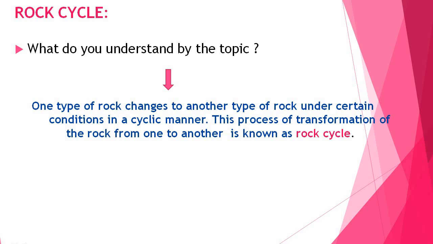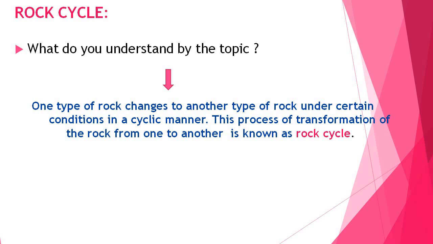The definition: one type of rock changes to another type of rock under certain conditions in a cyclic manner. This process of transformation of rock from one to another is known as rock cycle. So this is the definition of rock cycle. If you correlate it with your previous class, I told you that igneous rock is the primary rock. Why?